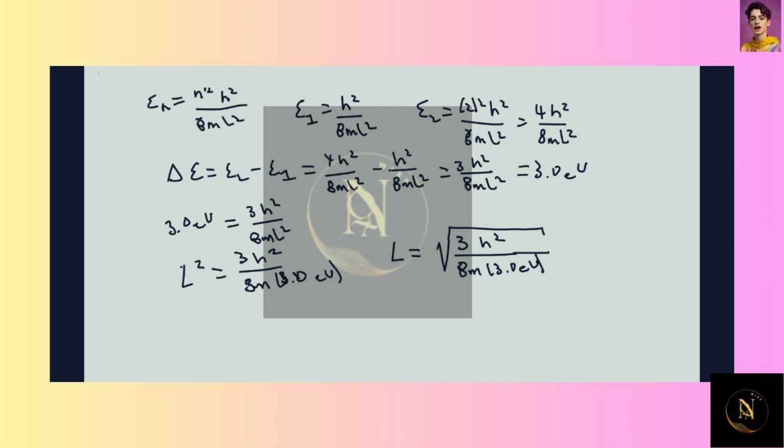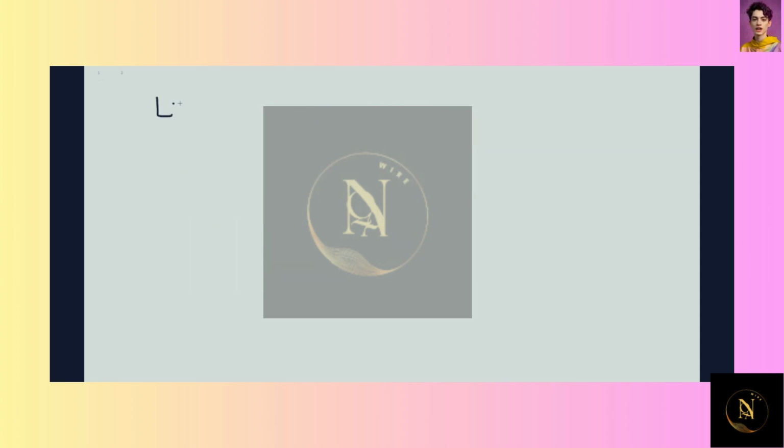Okay, so now H is Planck's constant, which is 6.626 times 10 to the minus 34 joule seconds.